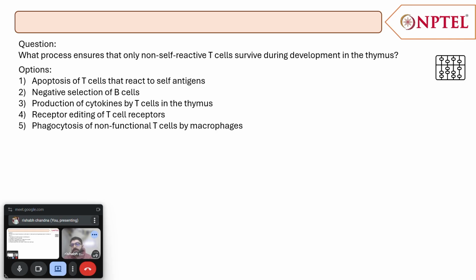So, what can be the correct answer? Any more answers?